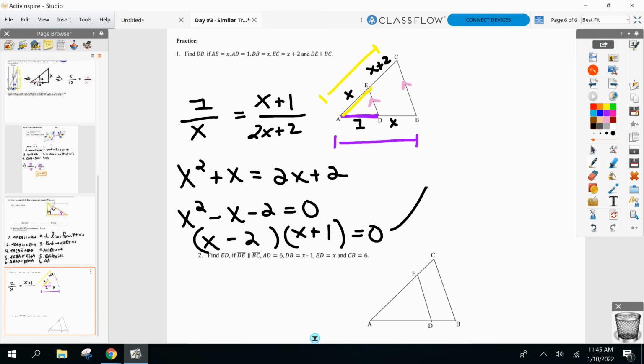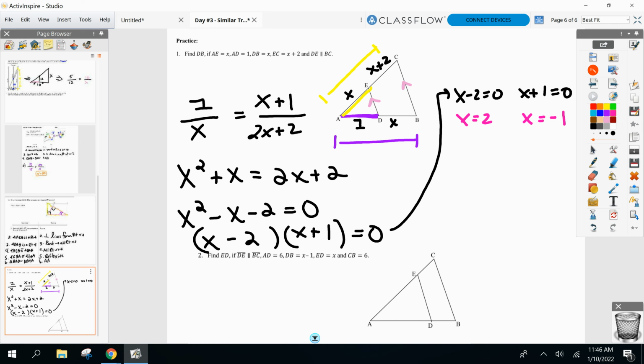Keep going, because I need to know what the value of x is here. x minus 2 equals 0. x plus 1 equals 0. So what do we get? x equals 2. And x equals -1.